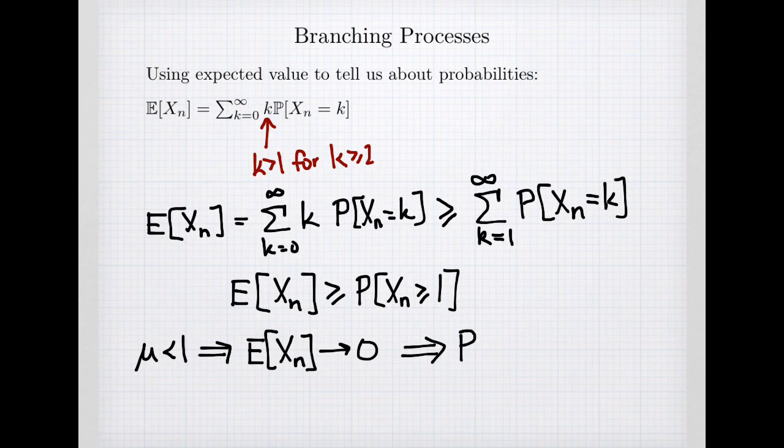So the probability of extinction has to equal 1. So anytime the mean number of offspring per individual is less than 1, so on average you can't replace yourself in a branching process, the overall process is guaranteed to go extinct.